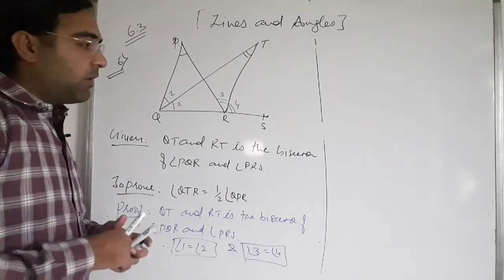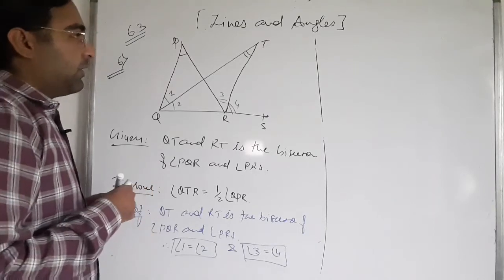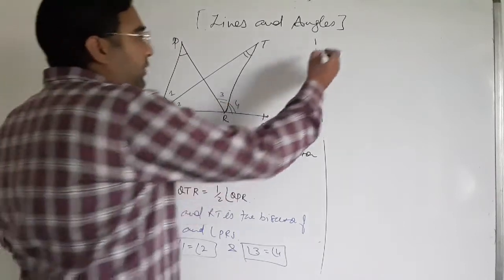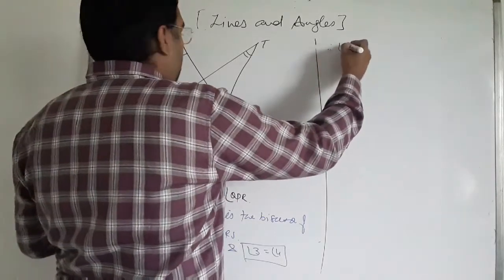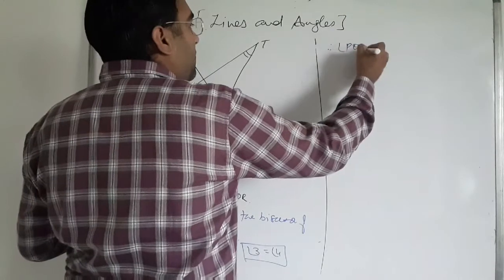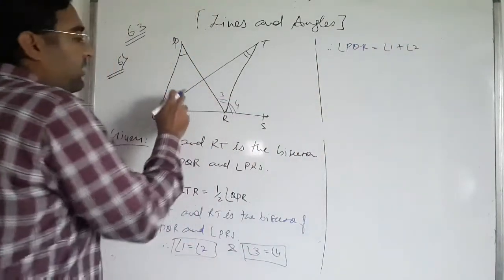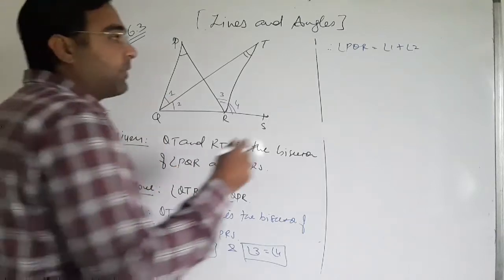Now we move to the next step, that is PQR. Therefore angle PQR is equal to angle 1 plus angle 2, the addition of two angles 1 and 2.